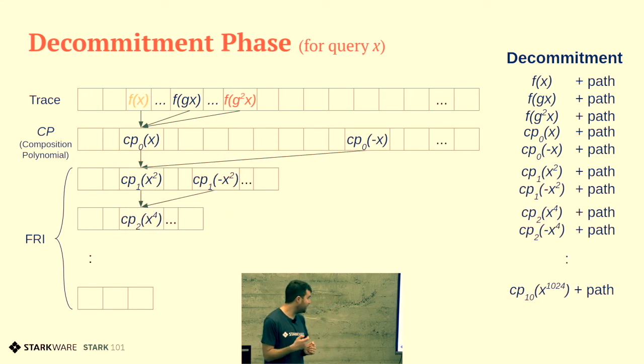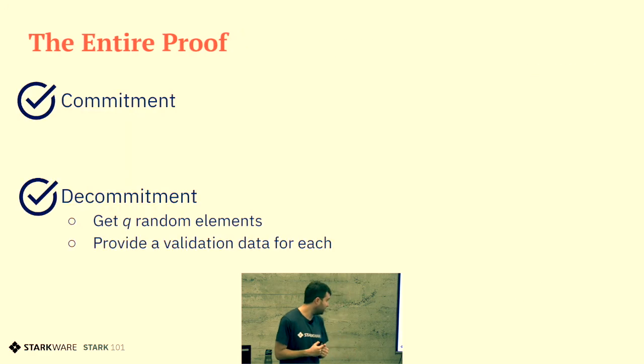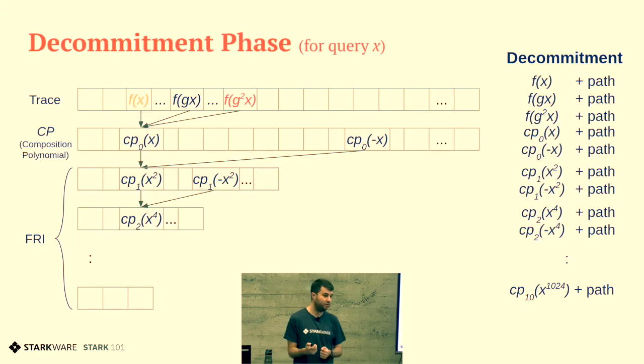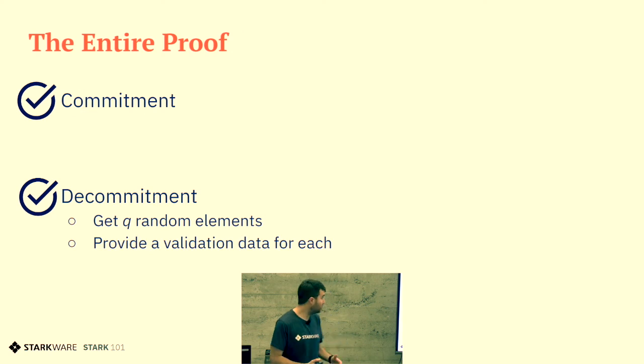And this can be done again and again with CP at layer 1 of minus x squared, and the verifier will compute by himself CP at layer 2 of x to the power of 4, and will verify that the prover sent him this exact value before. He will repeat this again and again until CP at layer 10 of x to the power of 1k. So this concludes the entire proof.